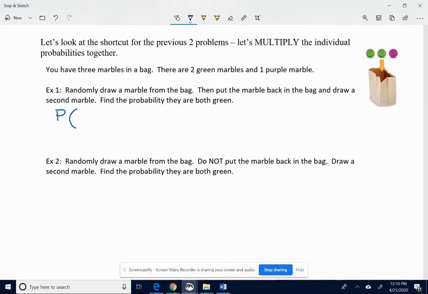We're going to look at the probability of the first being green, and then we're going to find the probability that the second marble is green. And then we're going to multiply these together.